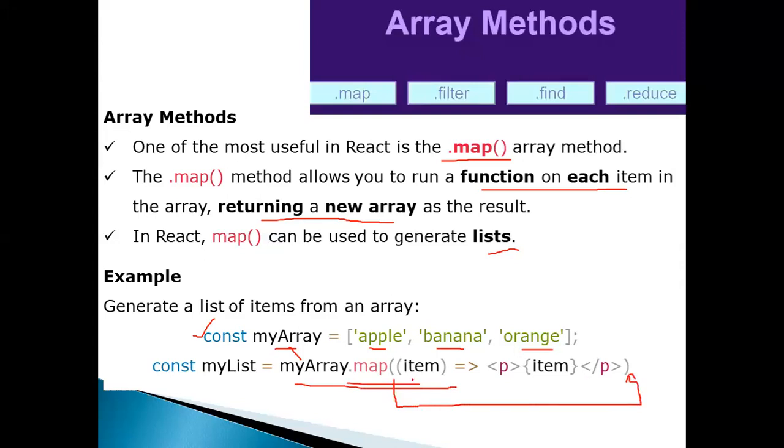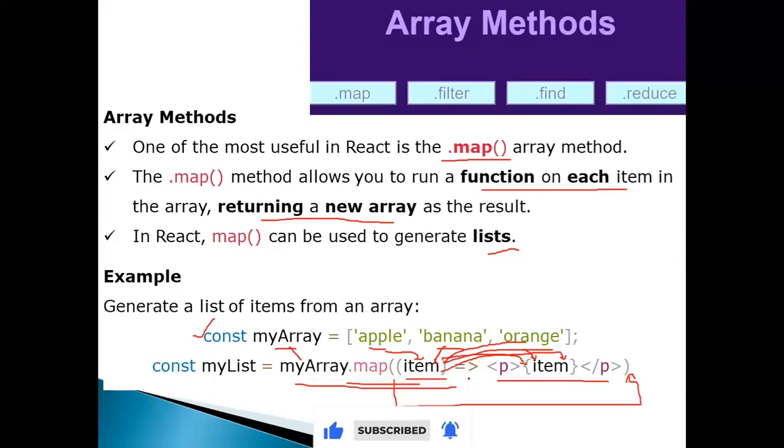Inside that we assign each item to a paragraph element. Map reads the first item and sends it to the paragraph: apple. Next it reads the second item and sends it to a paragraph: banana. Next it reads the third item: orange. Like this it will be displayed.